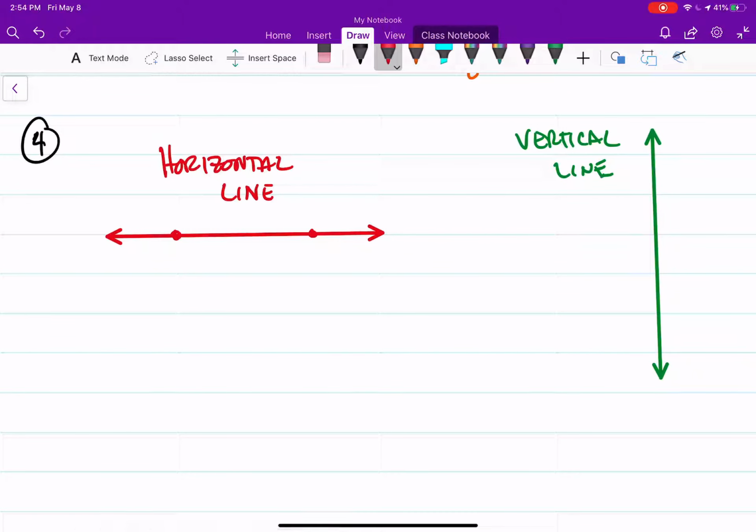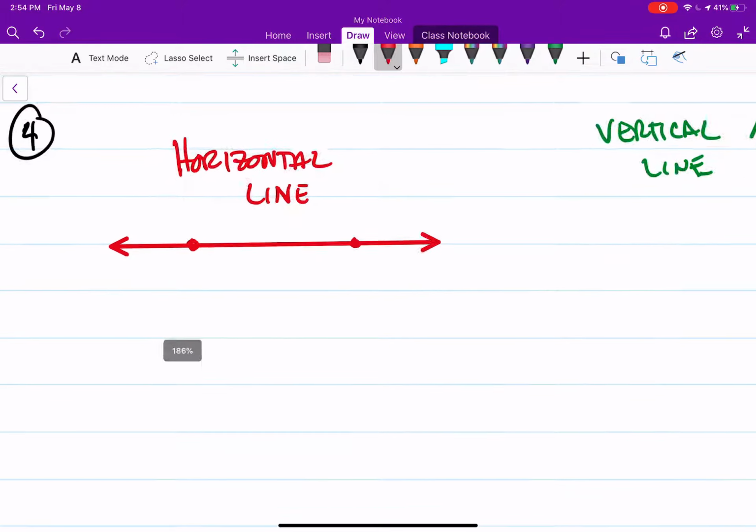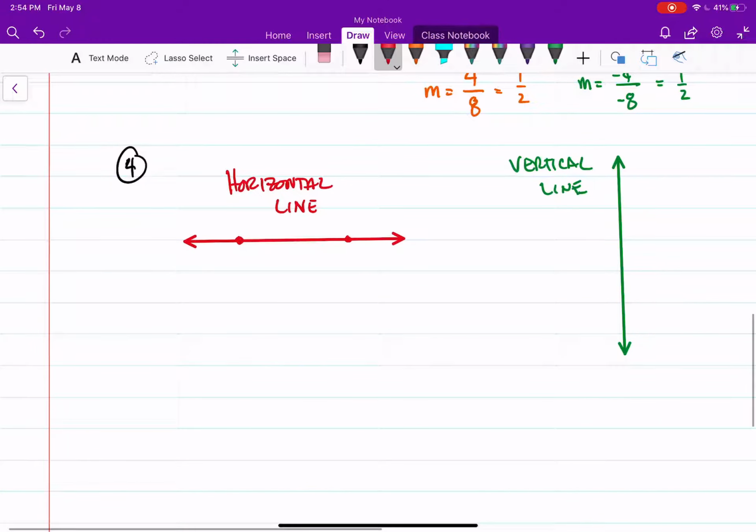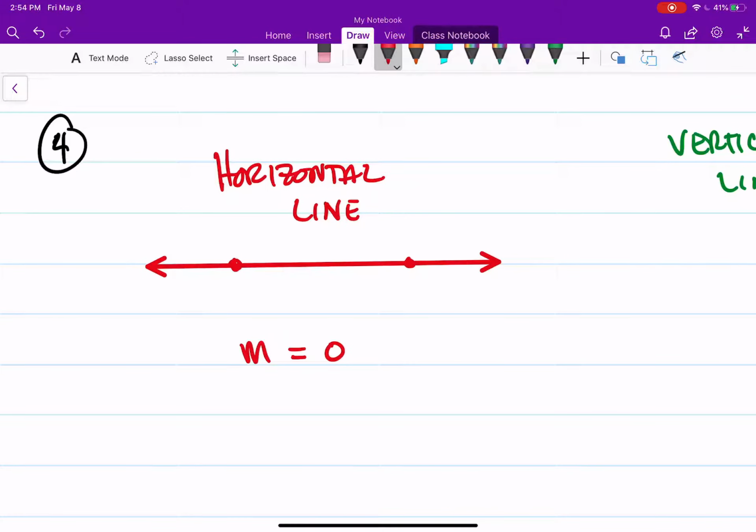But here is the way I look at it. I use the example of skiing. If I was to ski on this slope, which is basically on flat ground, how much fun am I going to have? And the answer is 0 fun, right? So the slope of a horizontal line would be 0. Okay? Now think about this. Even if this is not on a graph, I know that the slope is equal to rise over run, right?